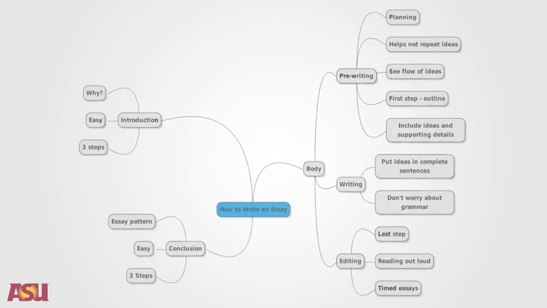Another commonly used strategy is a mind web or word web. In this strategy, the writer places the topic at the center of the page and then writes words or ideas all around the topic. These ideas or words represent the main topics for each of the subsections in the piece of writing. For example, when Scheherazade is writing about her future husband, she might have subtopics about appearance, occupation, personality, and perhaps family.